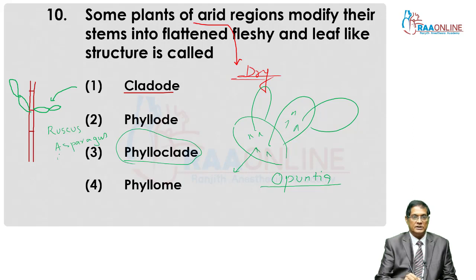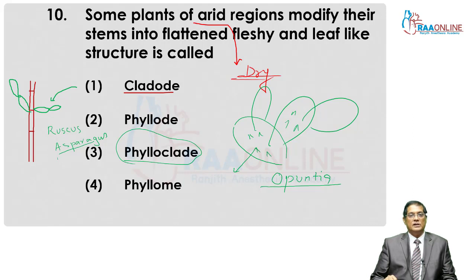So these two are modified stem. In phylloclade, the entire stem becomes leaf-like green, whereas in cladode, the lateral branches become leaf-like. Third is phyllodes. In phyllodes, part of a leaf, like the petiole, becomes a green leaf-like structure, not exactly leaf.